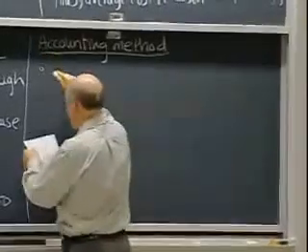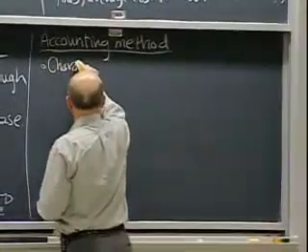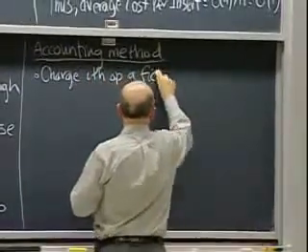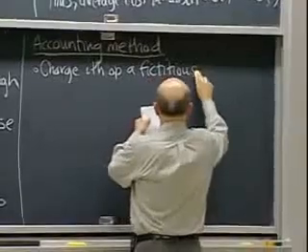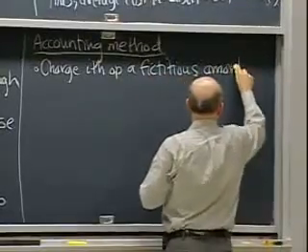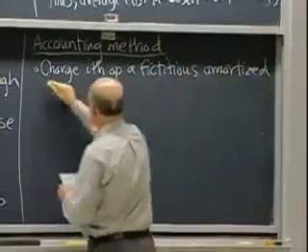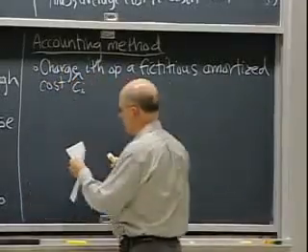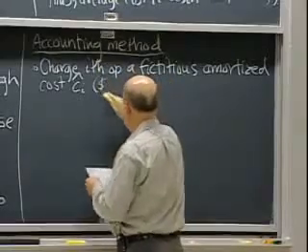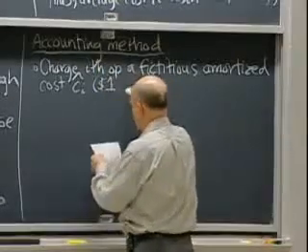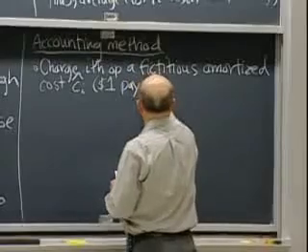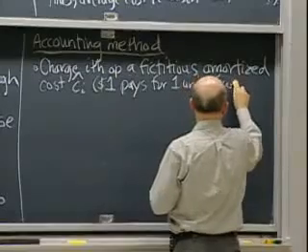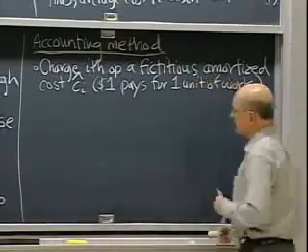So what you do is we're going to charge the i-th operation a fictitious amortized cost. We'll call it C hat sub i, where we're going to use the abstraction that $1 pays for 1 unit of work. In other words, of time manipulating the data structure or whatever.